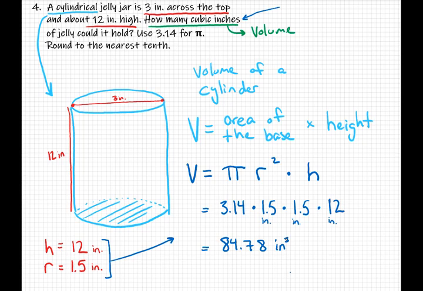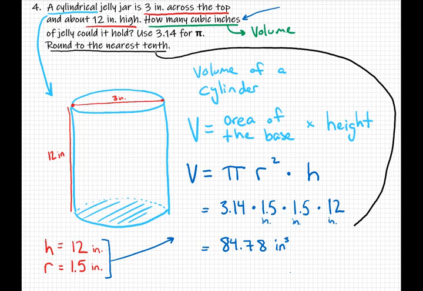And now the last thing to do here is round to the nearest tenth. If we round to the nearest tenth, that means we're keeping one decimal place, and since the first digit after the one we're keeping is an 8, that's going to round that 7 up to an 8.